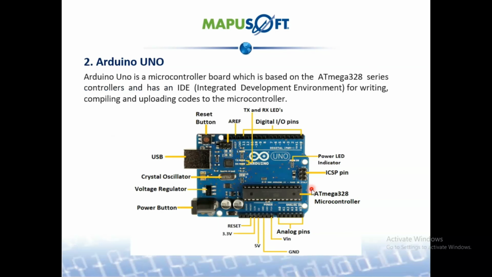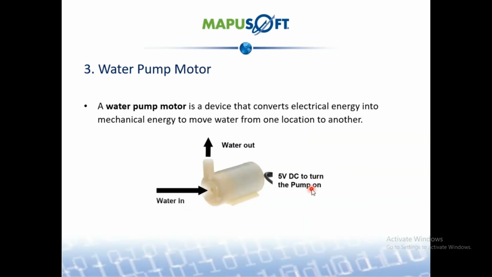So this is the microcontroller we are using here, and this is the water pump motor we are using for the irrigation process. This TDCI establishes communication between the host system and the target hardware.